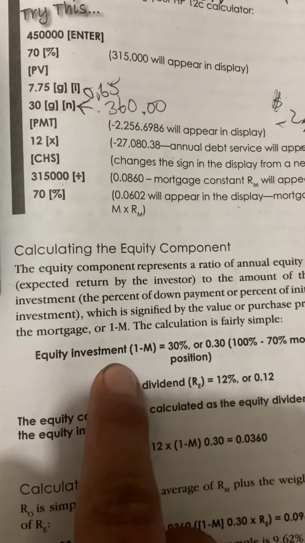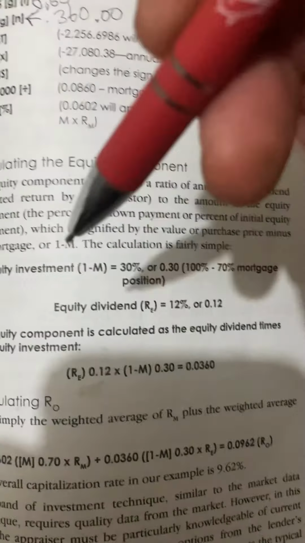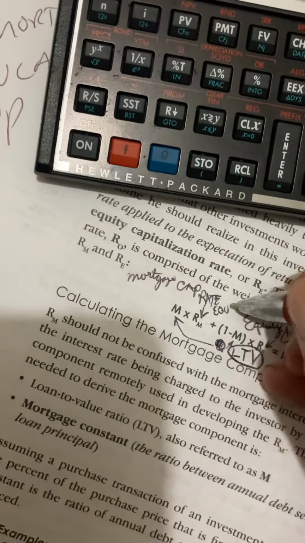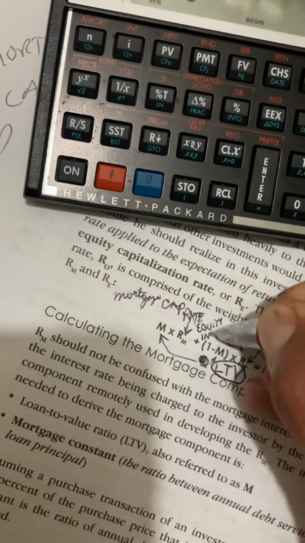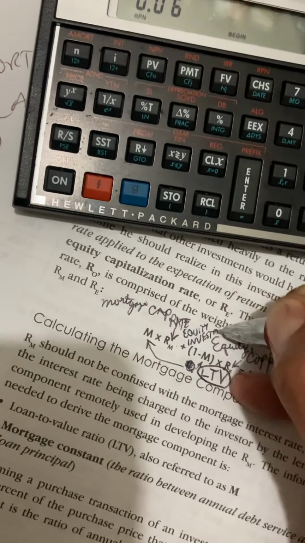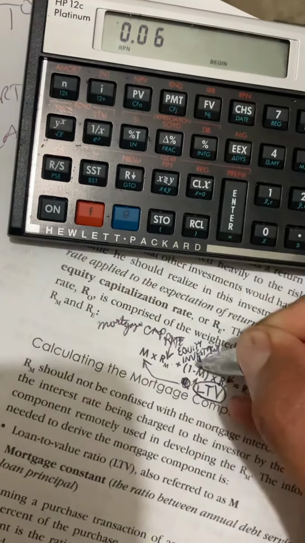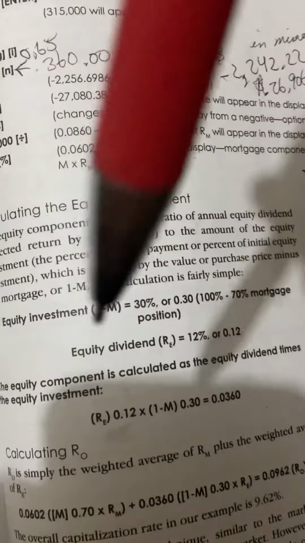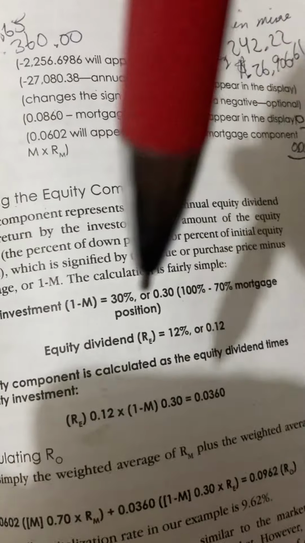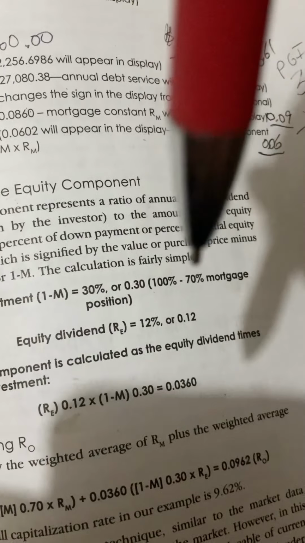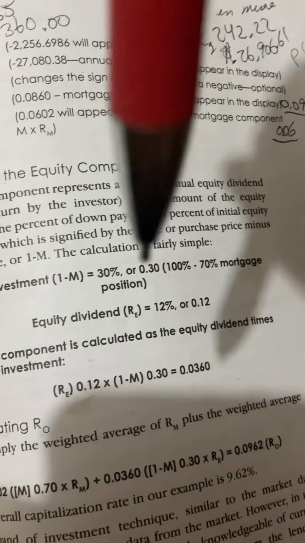Equity investment, that's what that symbol means. Equity investment equals 30% or 0.30. Now, 100% minus 70% mortgage position.